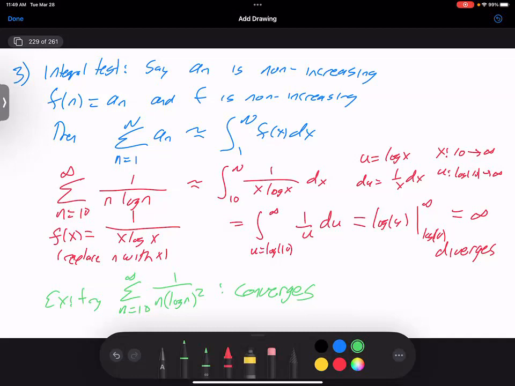The log of n is a very slowly growing function. 1 over n log n diverges, 1 over n log squared n converges. And there's a great series of exercises in a classic book, Rudin, Principles of Mathematical Analysis, where they play games like 1 over n log n, log n, whole thing squared, and just try to find how far you have to go to see converge, diverge. So this is the integral test. And again, the key point is you basically replace n with x.